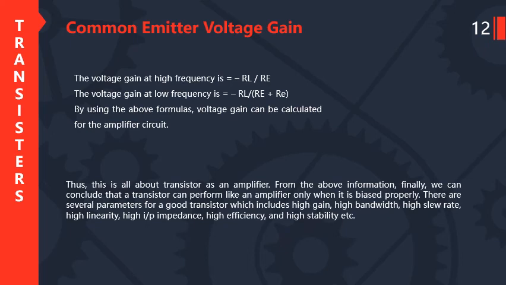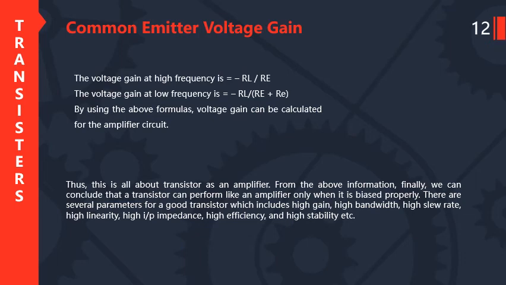Thus, this is all about the transistor as an amplifier. From the above information, finally, we can conclude that a transistor can perform like an amplifier only when it is biased properly.